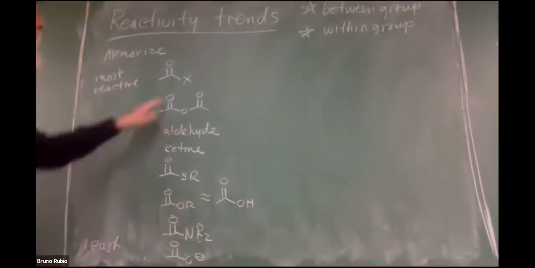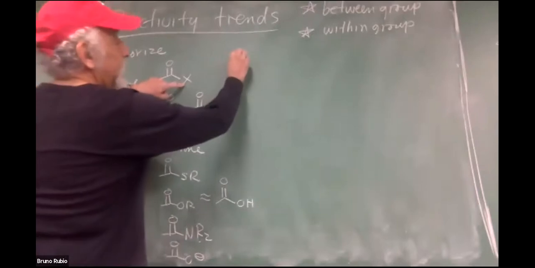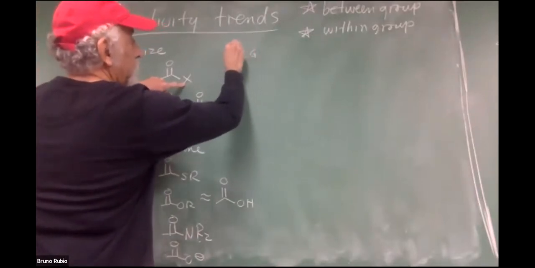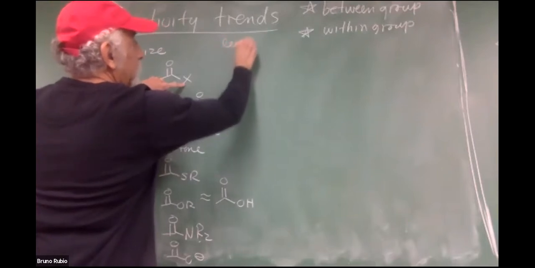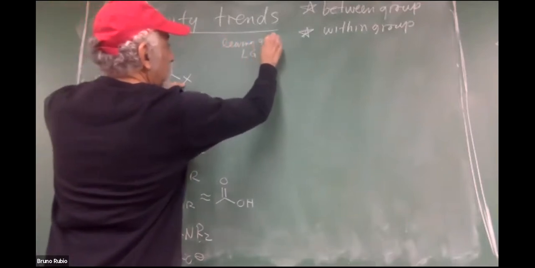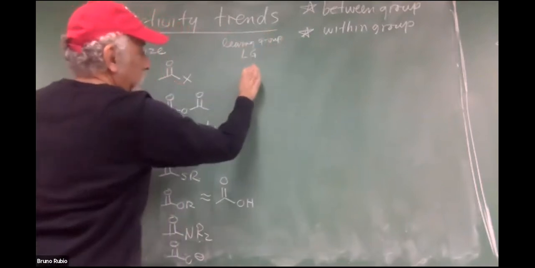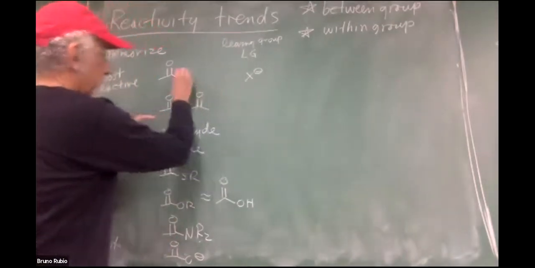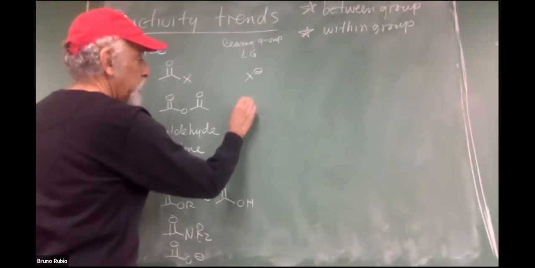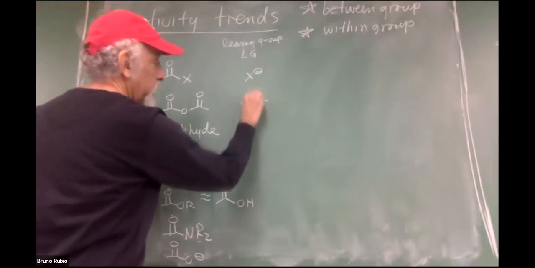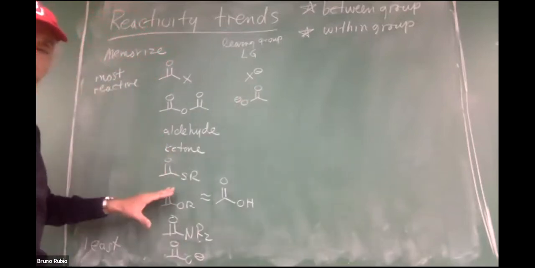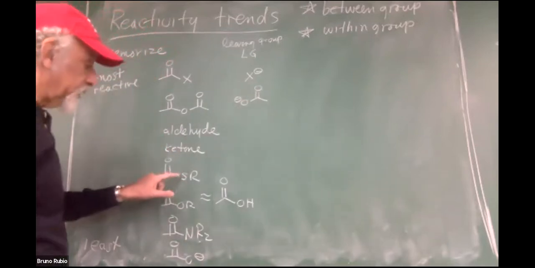The leaving group here would be X minus. The leaving group here, because the thing that's not carbon and not hydrogen is going to break off, would be a carboxylate. Aldehydes and ketones aren't acyl derivatives, so there's no leaving group there.